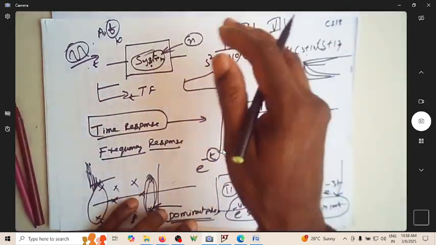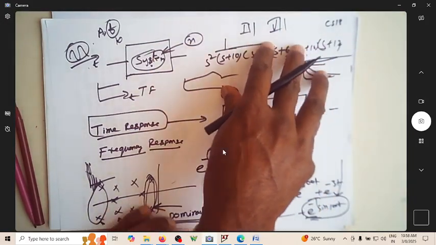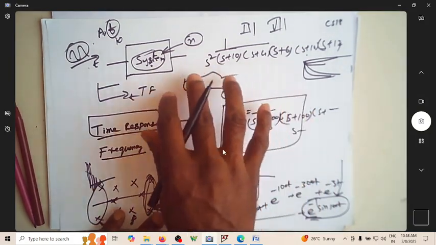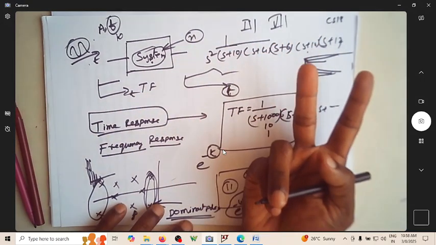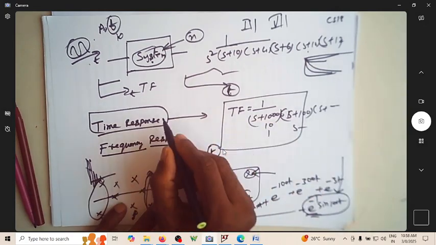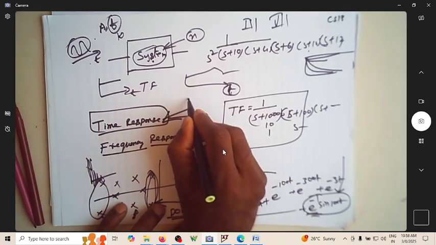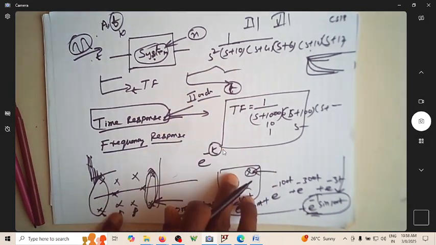So the order of the system keeps increasing. When the order of the system keeps increasing, you are not supposed to worry about the time response of such a highest order system. Out of this, only 2 poles will be dominating. So while finding the time response of a system, you always consider a second order system, because only 2 poles will be dominating.